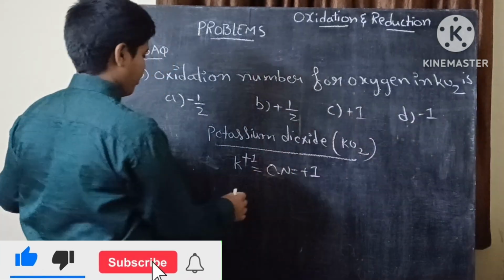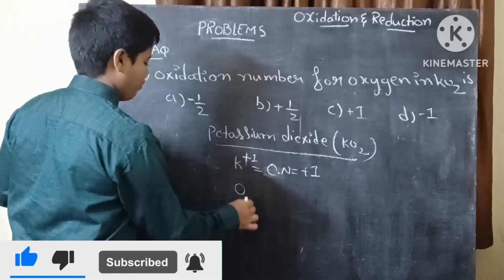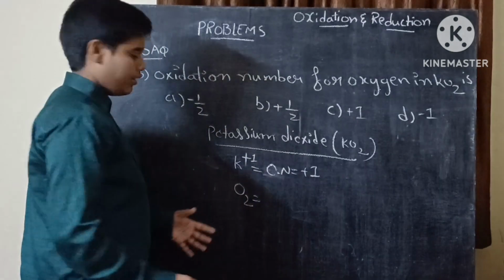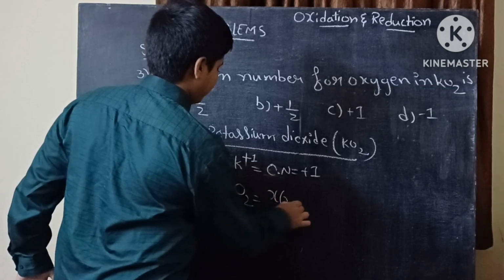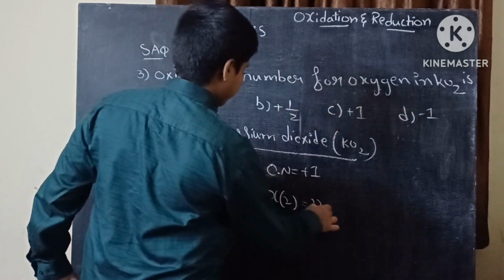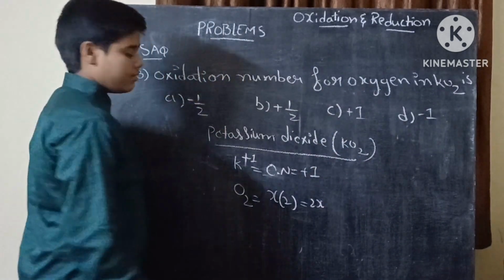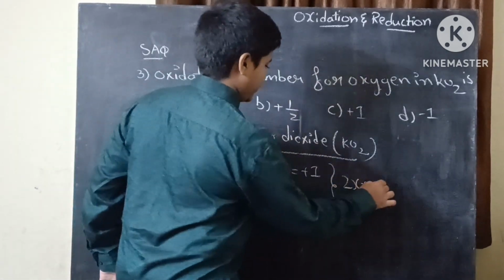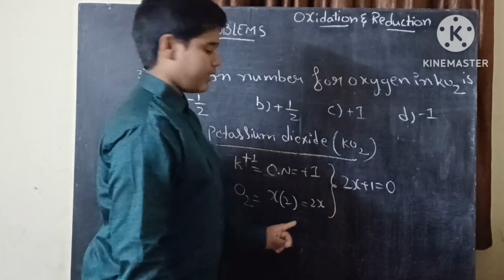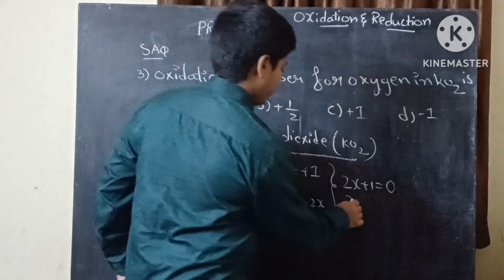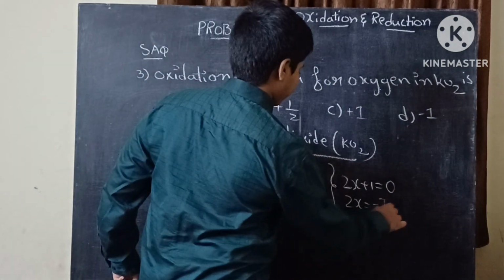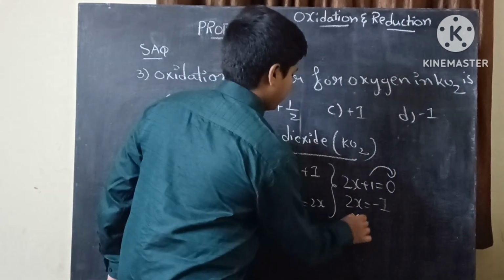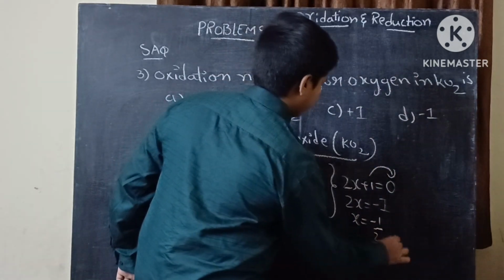Here we have to find oxygen. In O2 we take X, as we don't know it, so X into 2 atoms is 2X. We add these two: 2X plus 1 equals 0, and we equate with 0. So 2X equals minus 1, transposing the 1 to the other side, and here X equals minus 1/2.